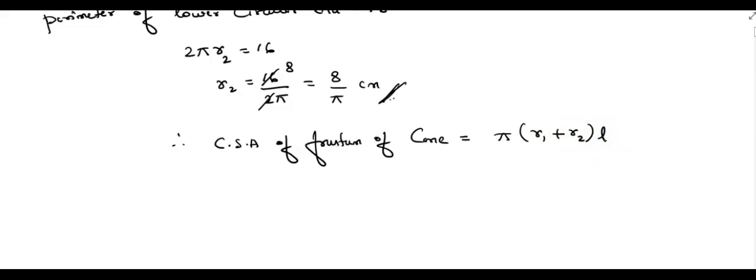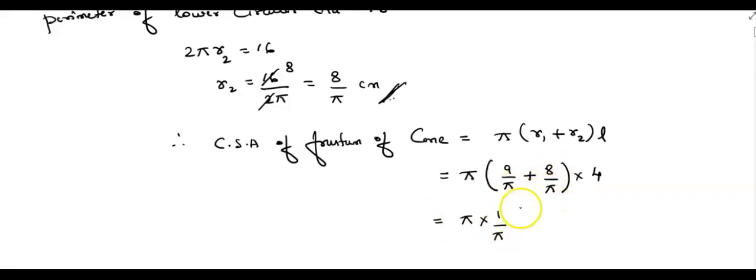Substitute the values. r1 is 9 by pi, just now we found, plus r2 is 8 by pi, into slant height 4 centimeters. Keep pi as it is, into 9 by pi plus 8 by pi. If we take 1 by pi common, it becomes 9 plus 8, into 4.